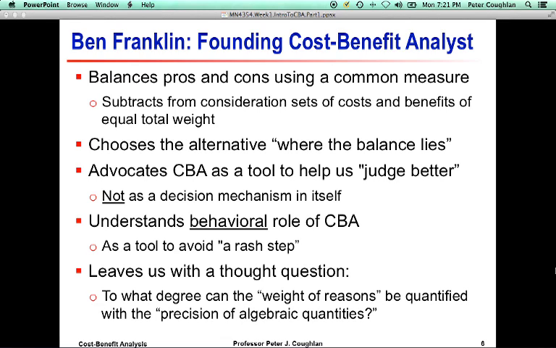rash step. We will talk about towards the end of the course, right, the sort of cognitive and behavioral biases that exist within any organization that cause not only people, but organizations, Fortune 500 companies, governments, to make quote-unquote irrational decisions, right, based on certain behavioral biases.